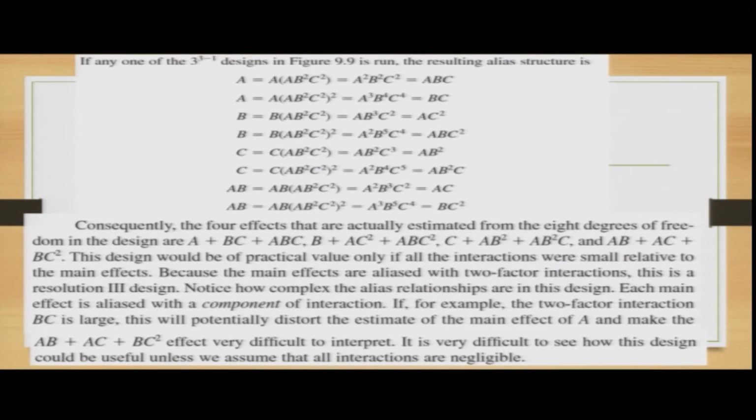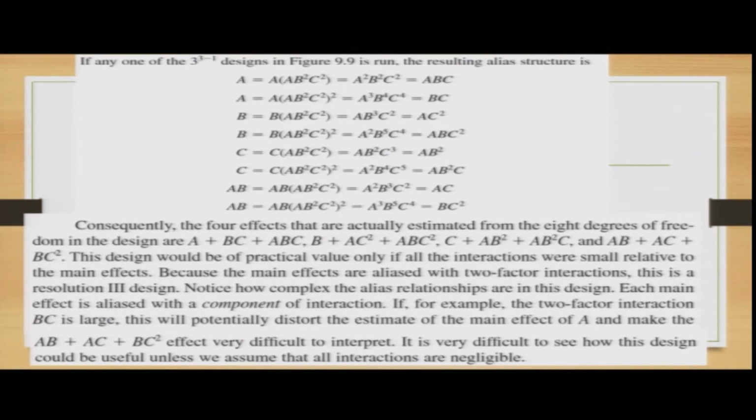Consequently, the 4 effects actually estimated from the 8 degrees of freedom in the design are A plus B plus ABC, B plus AC square plus ABC square, the third one is C plus AB square plus AB square C, and the last one is AB plus AC plus BC square. Based on that, you can do the calculations.